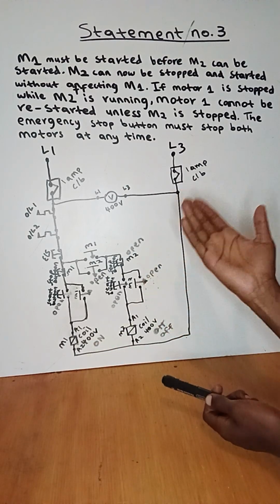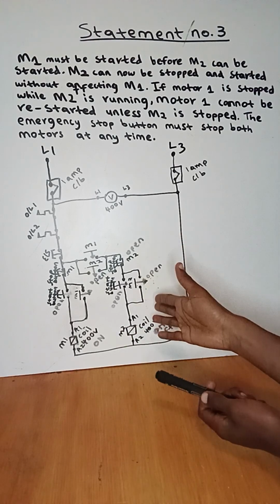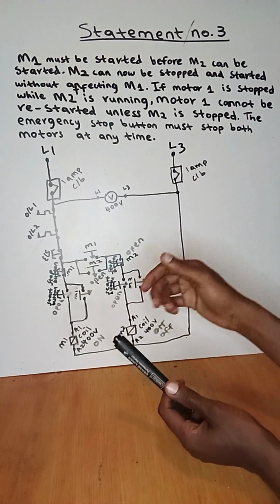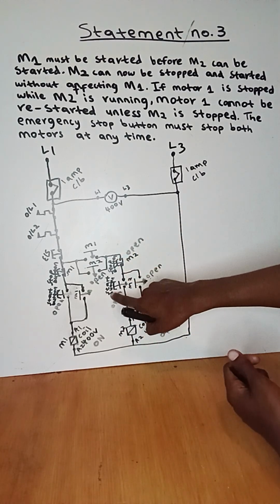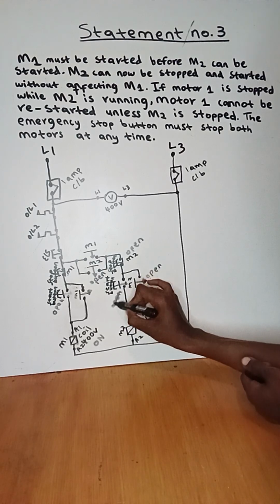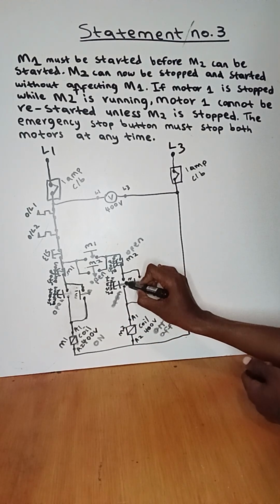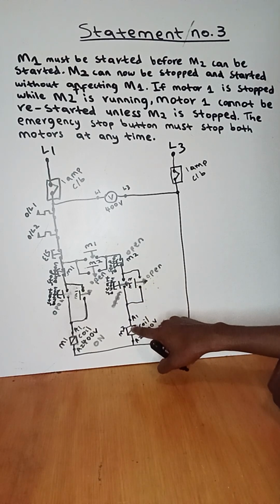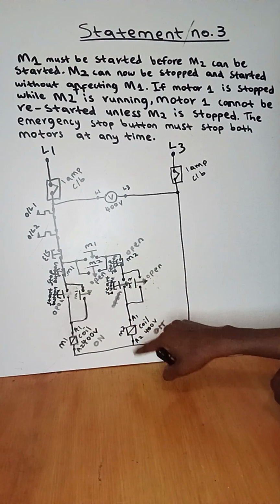So we must start motor 2 again and check if it will affect motor 1 to be off. So I'm pressing the start button of motor 2. Right now it creates a closed contact. When it creates a closed contact, current will flow all the way to A1.